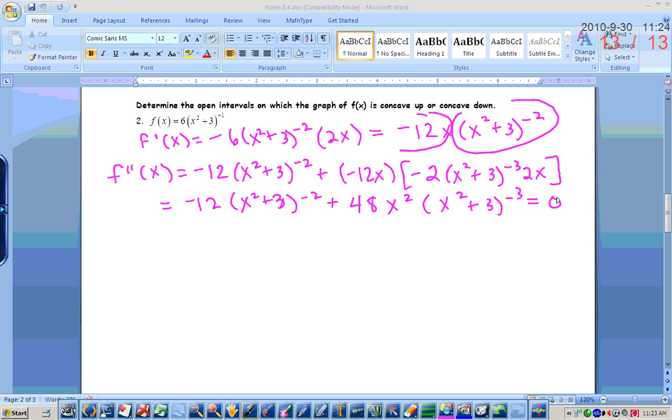Now, we're going to factor. So between negative 12 and 48, I definitely have a common factor of 12, or negative 12. Would you rather do negative or positive? Negative. Okay. I heard negative first. We'll do negative 12. And then what's the smallest exponent on x squared plus 3? Negative 3.